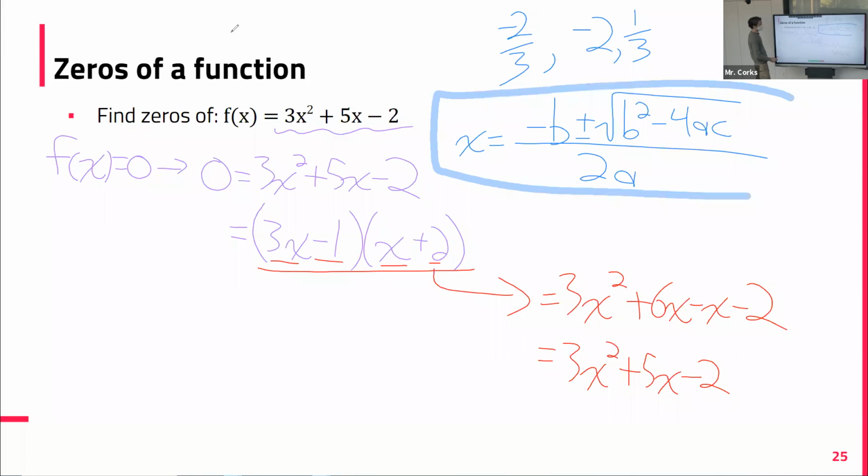The method that we can use here is we look at the a value and make a list of what the factors are for this. We'd notice we have 3 and 1, and then we have the c value, -2, and we think of factors for that: 2 and -1, or -2 and 1. Then multiply and add up the results and find ways to get 5.